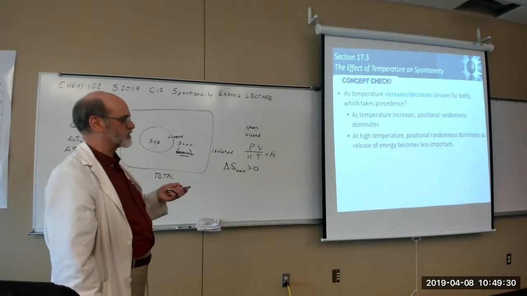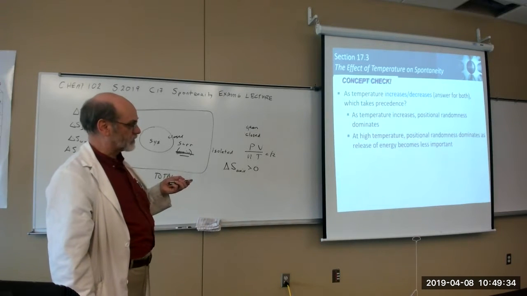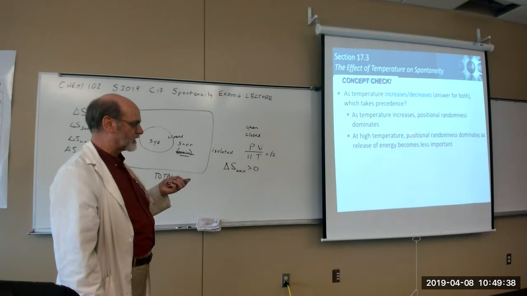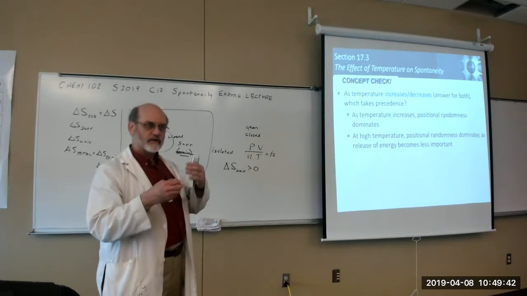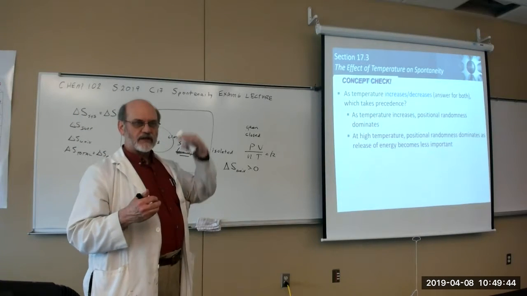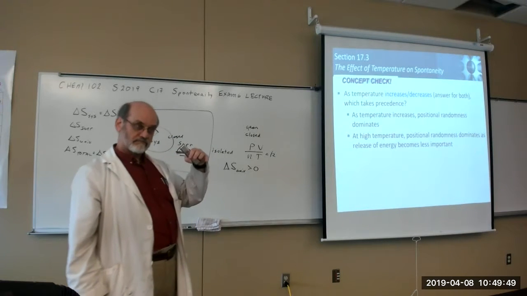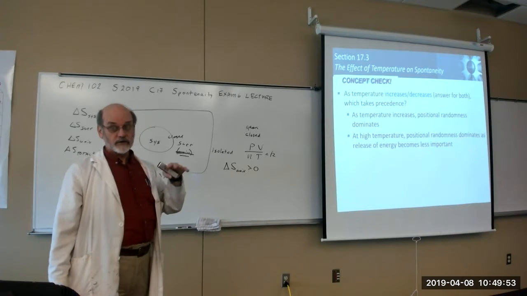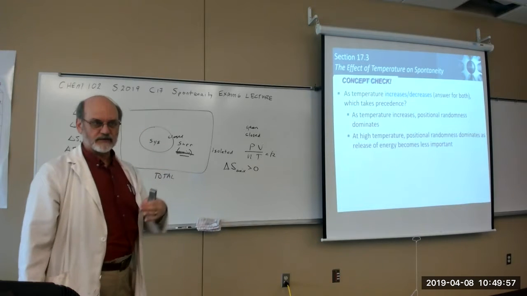In other words, their position is more effective at the higher temperature. It's more predictive at the higher temperature than the temperature is. Because at that high temperature, what will 1 degree change mean? Almost nothing. Whereas with water at 100 degrees, 1 degree change means a whole lot more on a percentage basis.